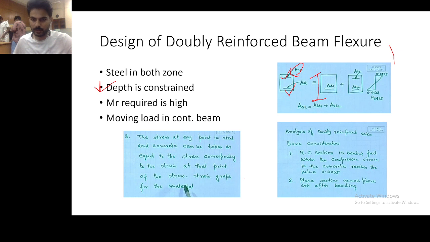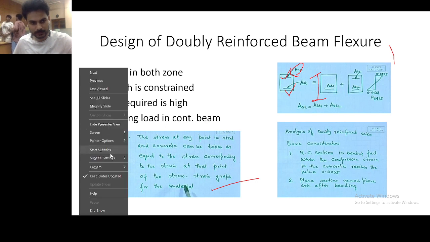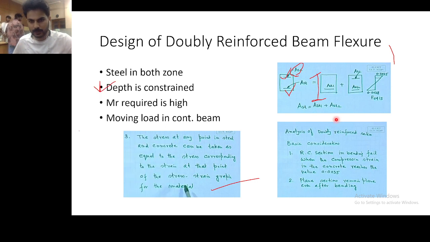So here you can see that ASC means the area of steel in compression, AST means the area of steel in tension, and this we can split in such a way that AST1 and AST2 plus ASC.